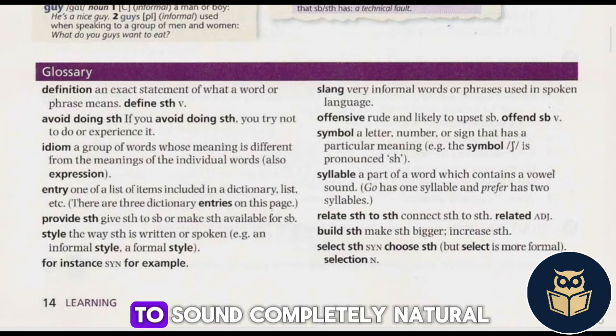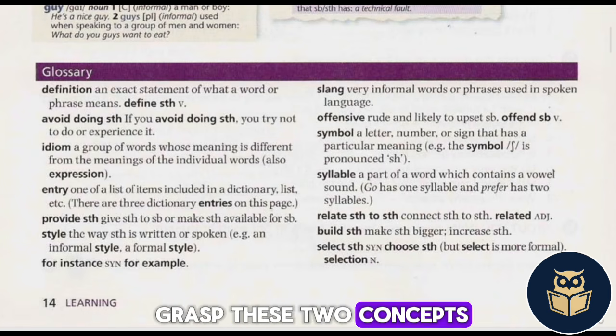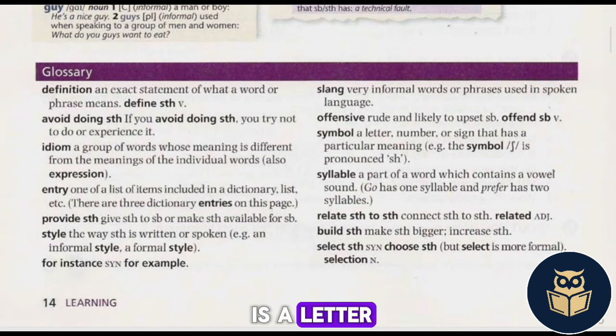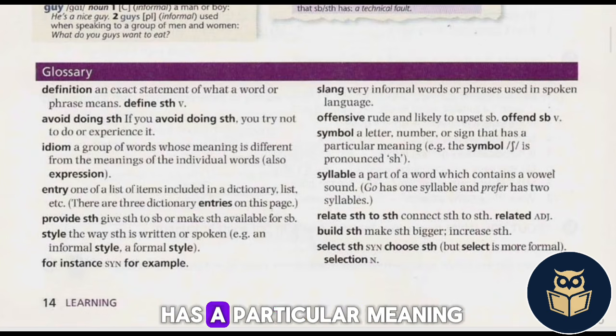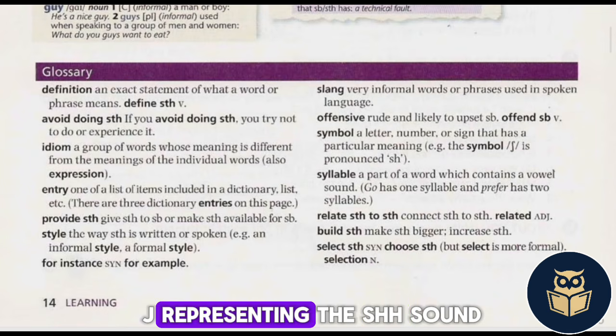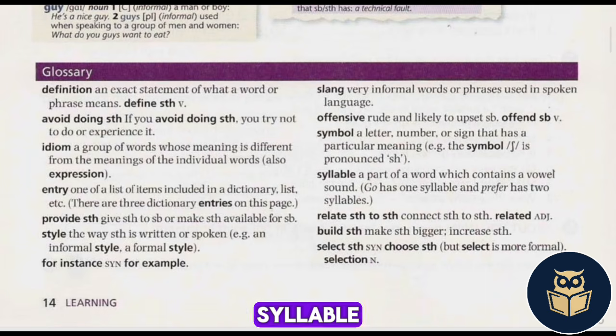Now, if you want to sound completely natural, you really need to grasp these 2 concepts. A phonetic symbol is a letter, number, or sign that has a particular meaning, like the phonetic symbol ʃ representing the sh sound in English. You have to contrast that with a syllable.